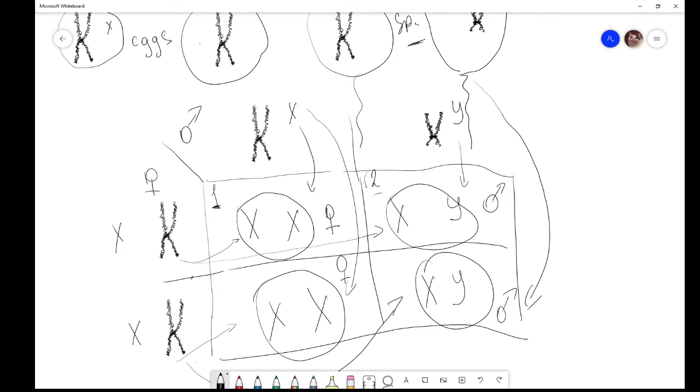It's hemophilia. Hemophilia is an X-linked gene, and this gene is recessive.